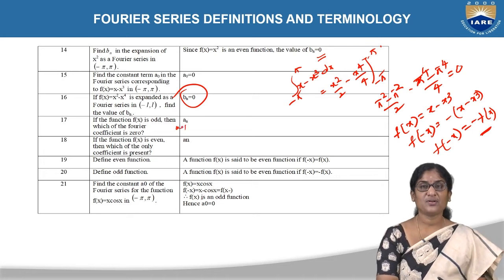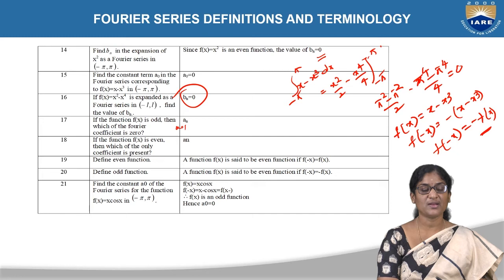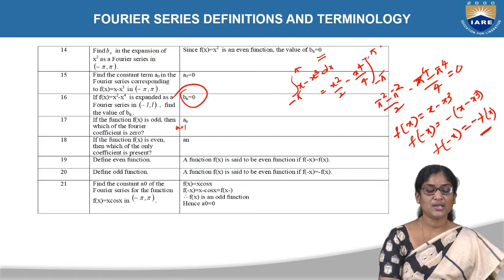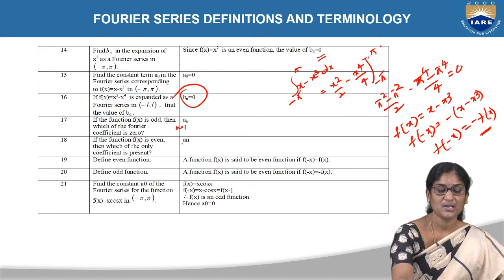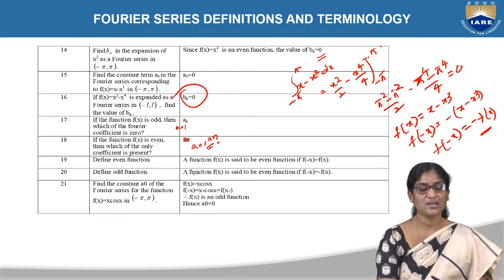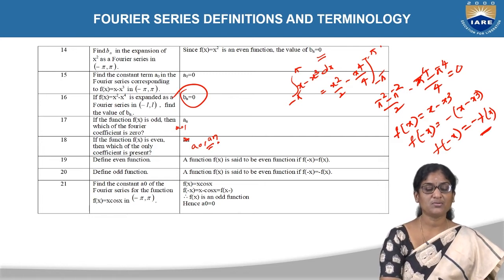Next, if the function f of x is even, then which Fourier coefficients are present? If it is an even function, then both a naught and a n are present, and b n will be equal to 0.